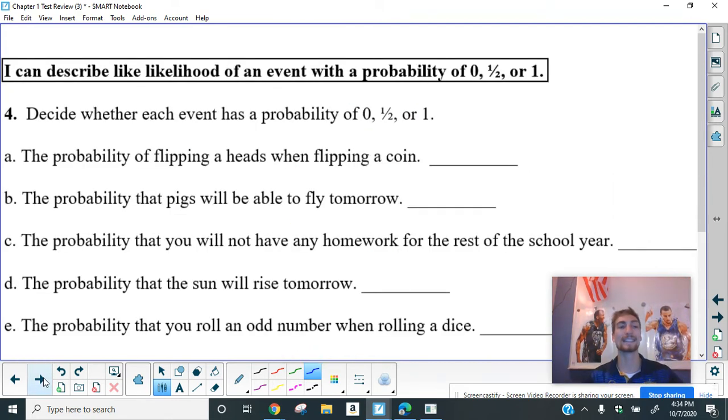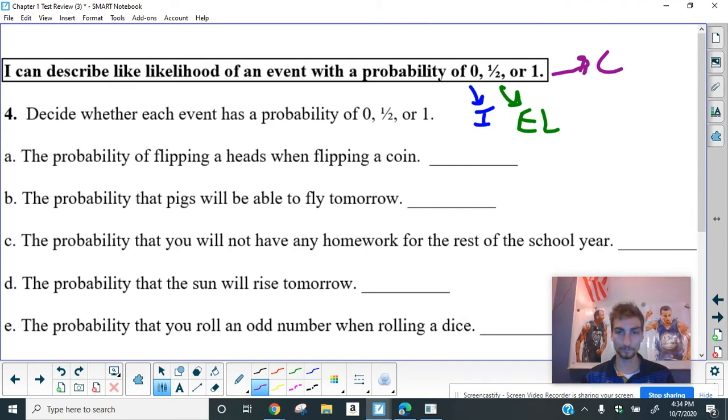Now we're looking at, can we describe the likelihood of an event with a probability of 0, 1/2, or 1? And we can think about this again in terms of impossible, equally likely, I'll put EL for that, and then finally certain. I'm going to use a C. So we have I for impossible, C for certain, and E for equally likely.